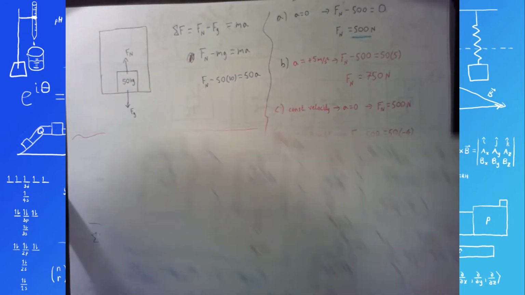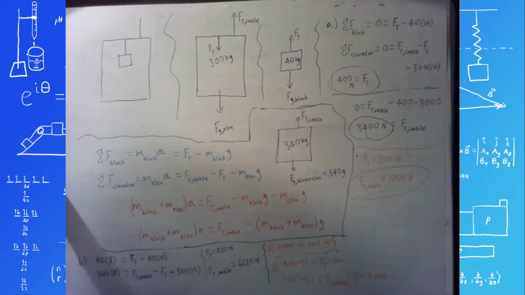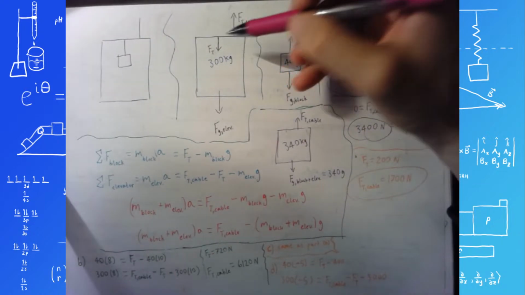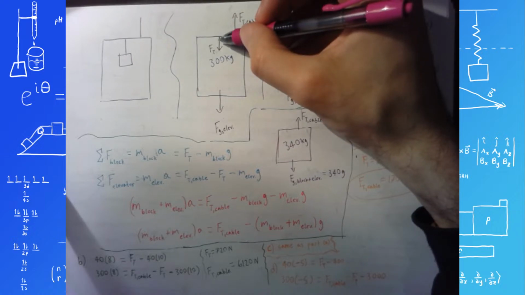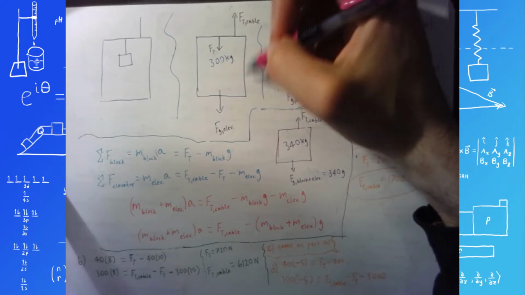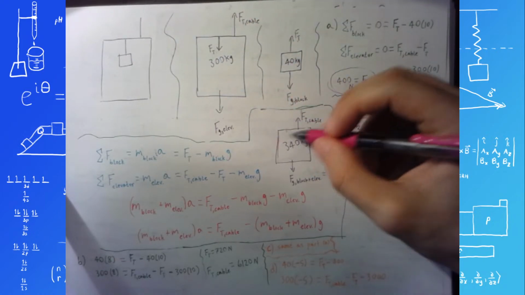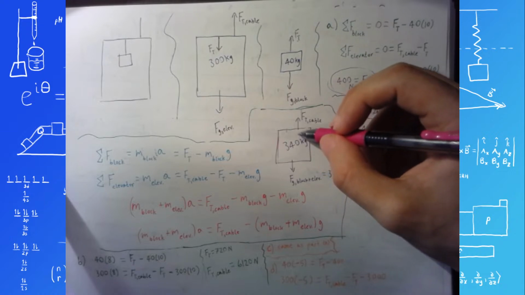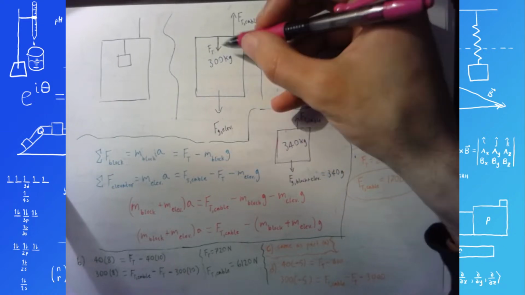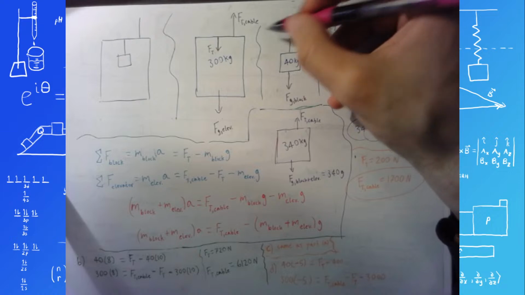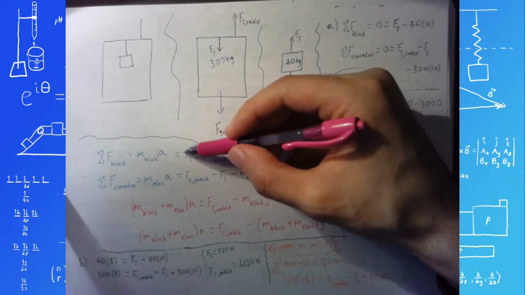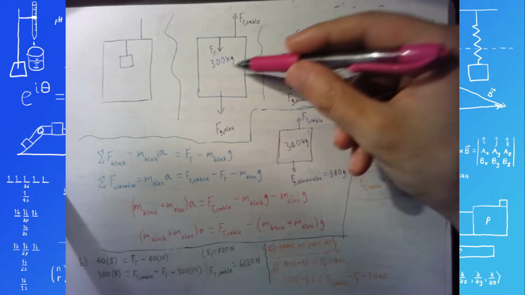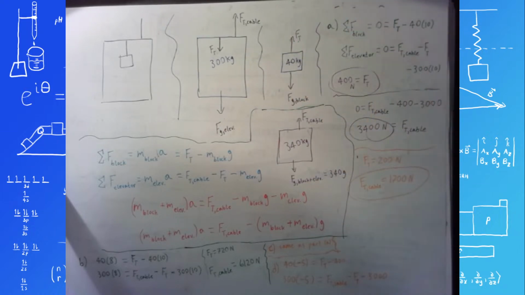Kind of like what we did in the beginning over here, where we took the block and the elevator, and we treated them as a single 340 kilogram object, and then the two tension forces over here disappeared. That's because they were an action and reaction pair, and we saw mathematically how they cancel out when we combine the two masses together.